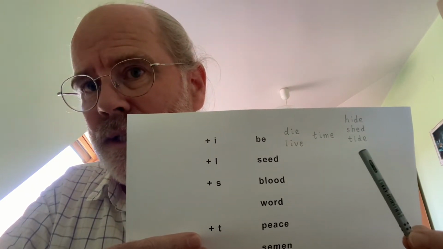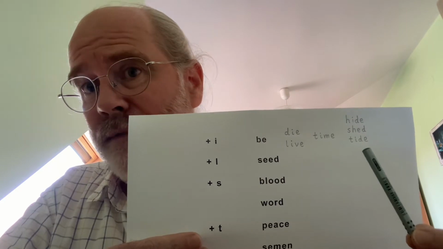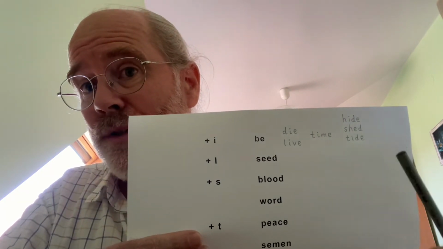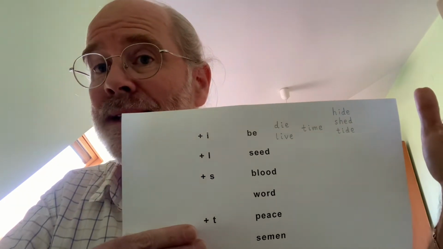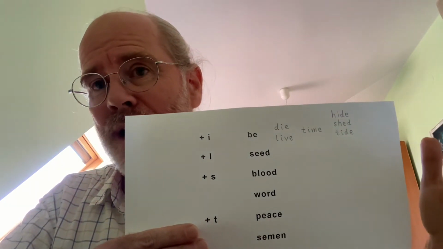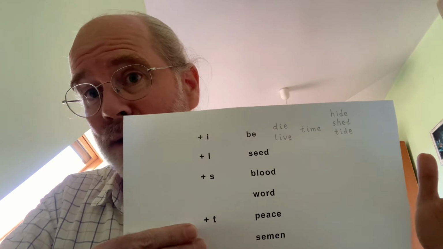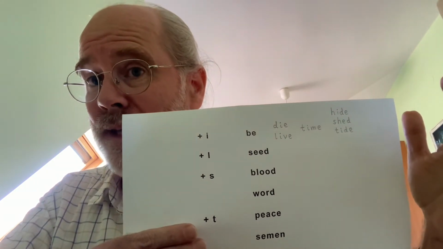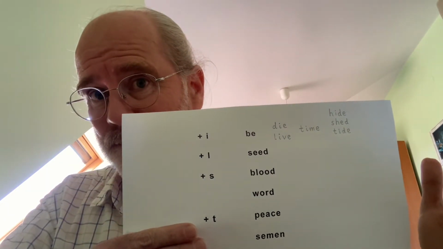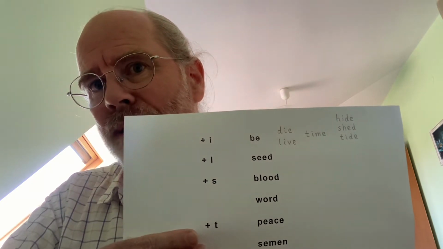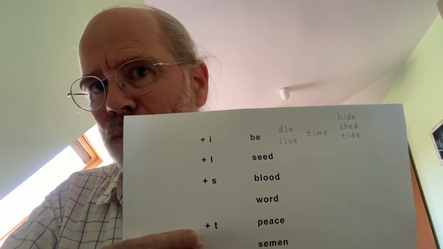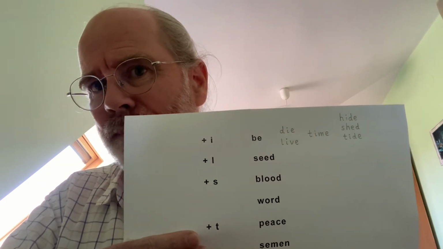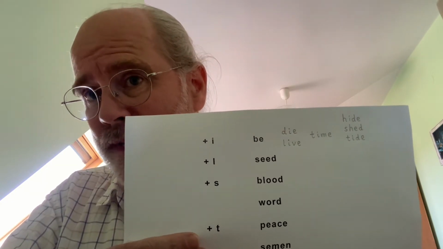And tide is very similar to the breath that enters and leaves our body when we are born and when we die. So I think these three words are very closely connected to die for a very good reason.